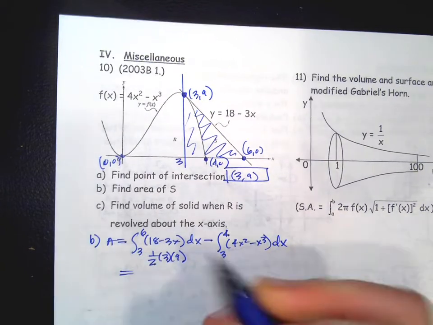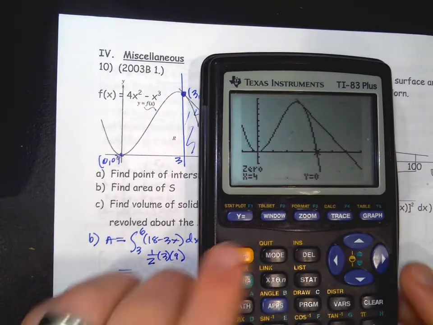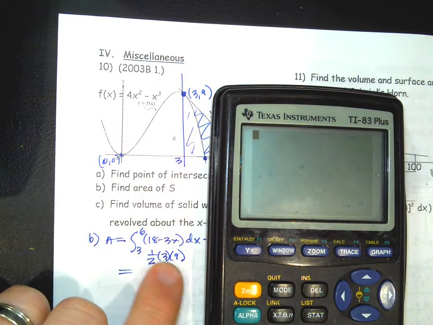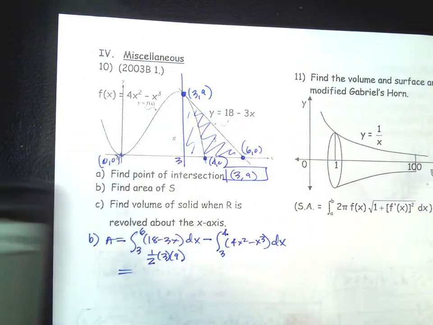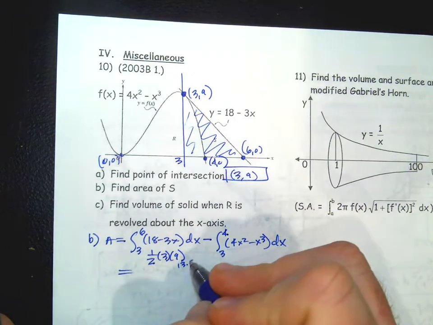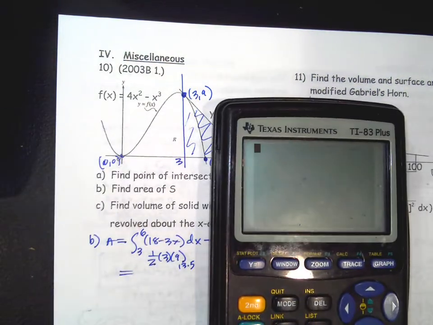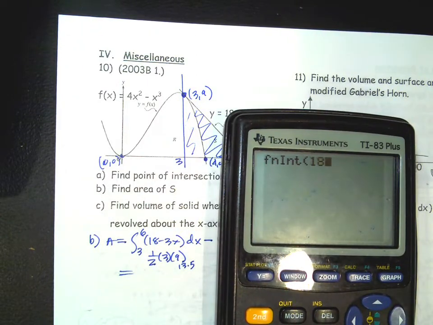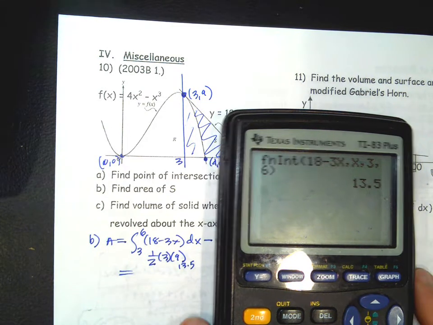So either way you do that, second calc. So I mean, we could test out. This should be 27/2, so it should be 13.5. Let's see if math 9, 18 minus 3x, comma x, comma 3, comma 6, 13.5, perfect.